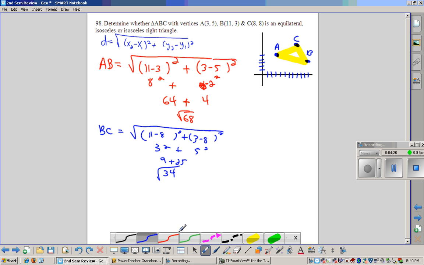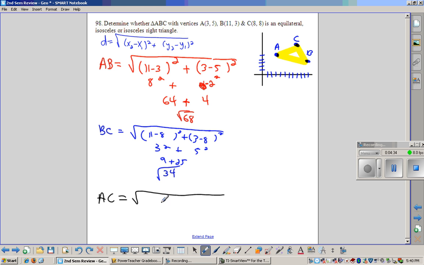Now let's get that last side, which is AC. A to C, okay, to compare these. So 8 to 3 is a difference of 5 squared plus 5 to 8 is a difference of 3 squared.